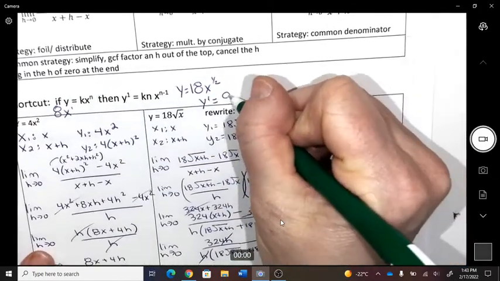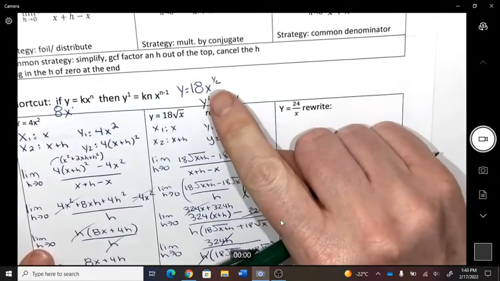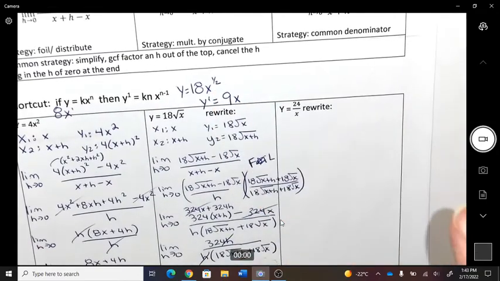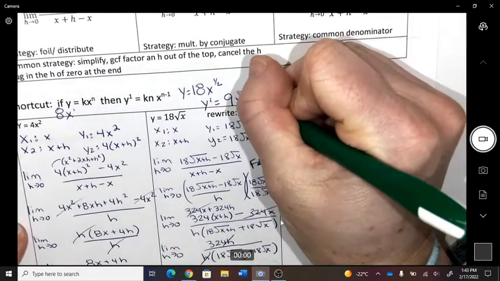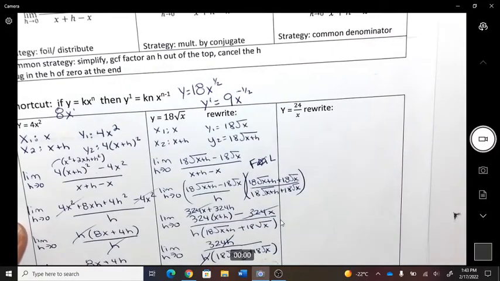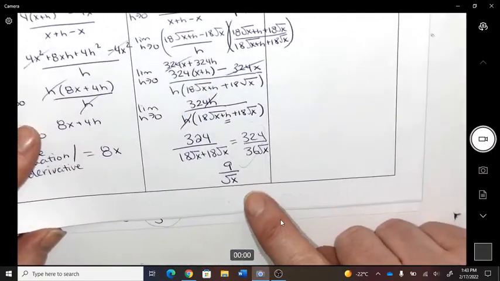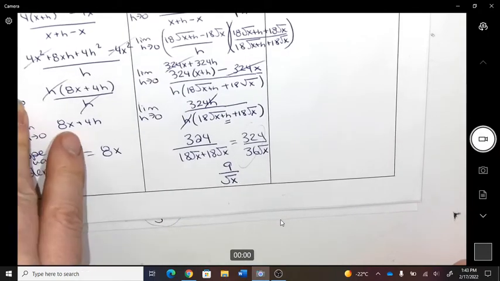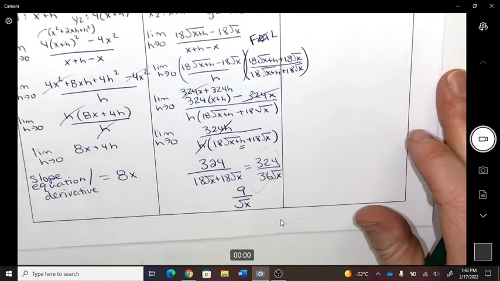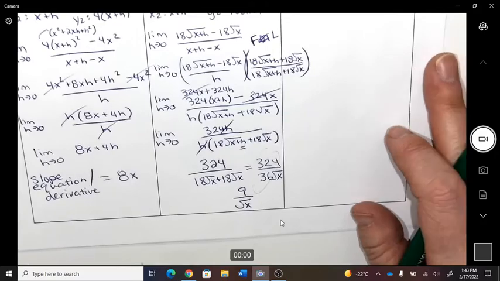So that's 9. And then a half down 1 is negative a half. Okay, what do you think? Does that look the same as that? Yeah, that's the same idea. So we're correct. See, it's nice you can check your answers, right?